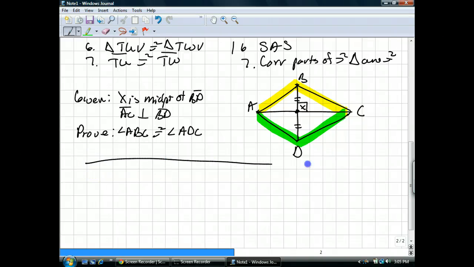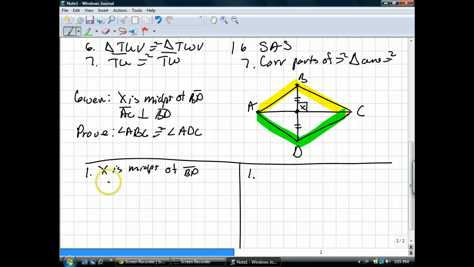Okay, so let's prove those congruent first, and then I can show that the parts are congruent. Okay, so number 1, X is midpoint of segment BD, and AC is perpendicular to BD, and we know that because it's given.